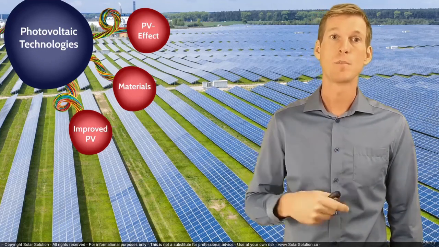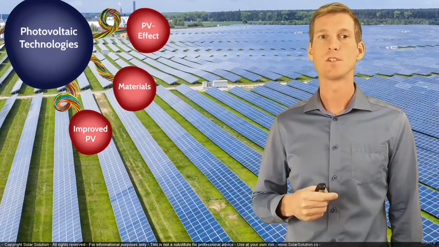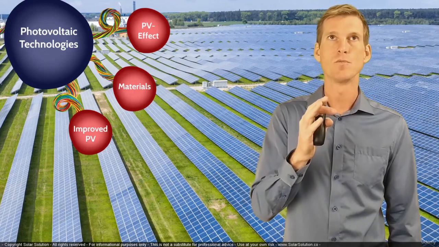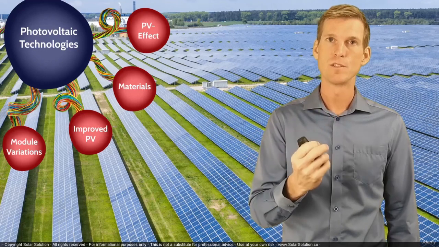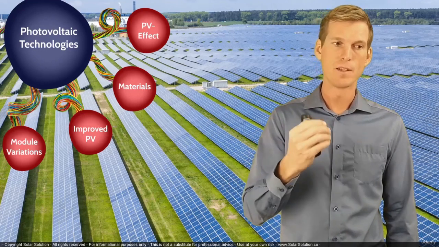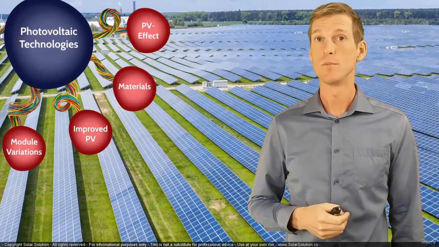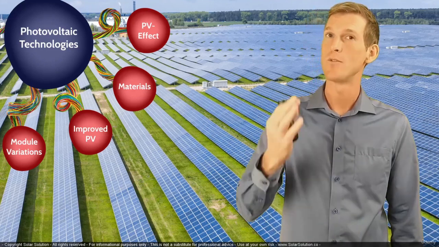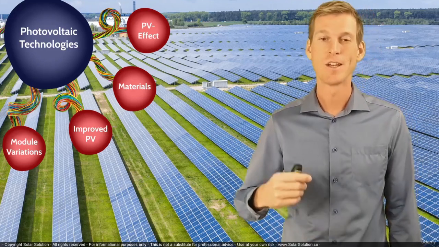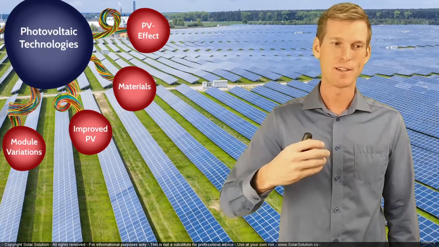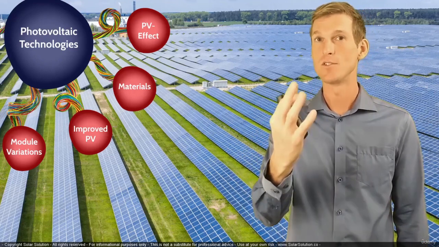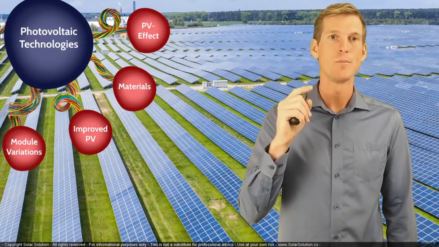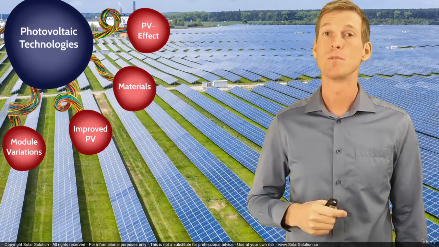And then the last subchapter in the PV technology section, we'll look at the module variation, so what kind of different structures, what kind of physical differences you can find within all the different options of solar panels available to you. Now that's a general layout of this chapter on PV technologies, so you know what you can expect and you have a structure that we can use to share the information with you. So let's start to look at the first one, the PV effect.